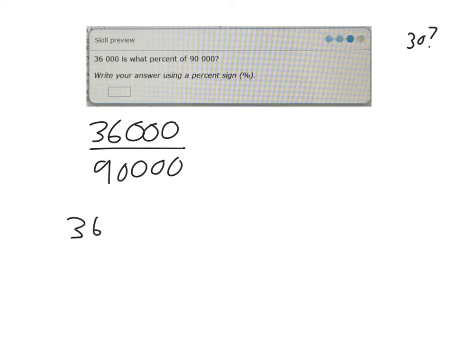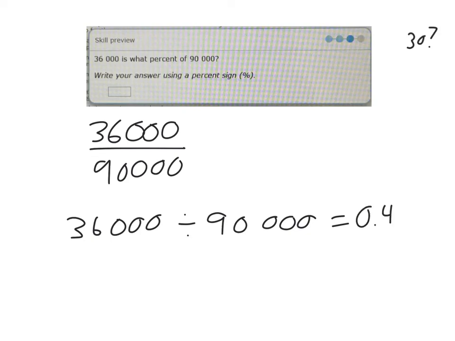So I'm typing in 36,000 divided by 90,000 equals, calculator says 0.4. So I was a bit low in my estimate because 0.4, remember that's the same as writing 0.40 or 40 hundredths, which is the same as 40%.